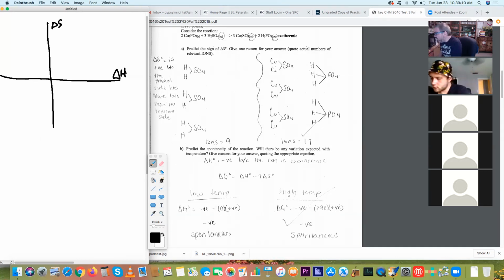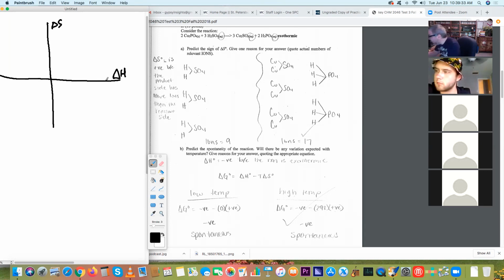I might have them the other way around, but it doesn't really matter. The whole point is that this is when delta H is positive and delta S is positive. This would be when delta H is positive and delta S is negative. We've got these four different quadrants.